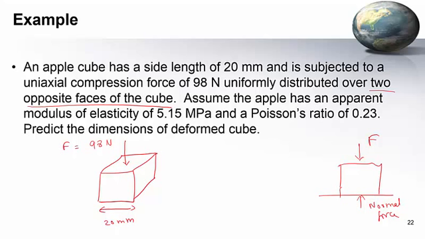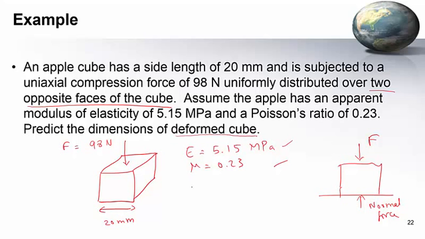Assume the apple has an apparent modulus of elasticity of 5.15 megapascals and a Poisson's ratio of 0.23. So you know the material property. What do they want to know? They want to know the dimensions of the deformed cube.